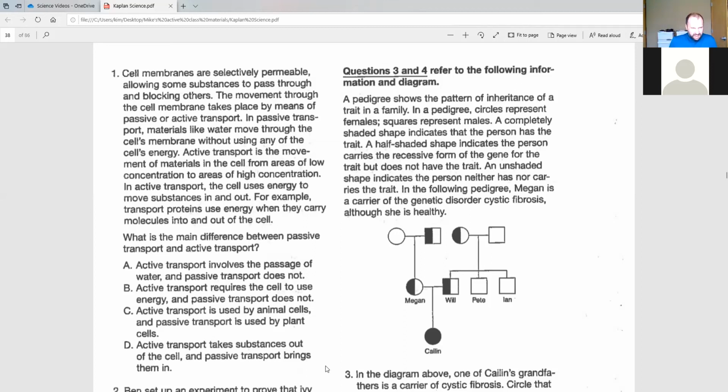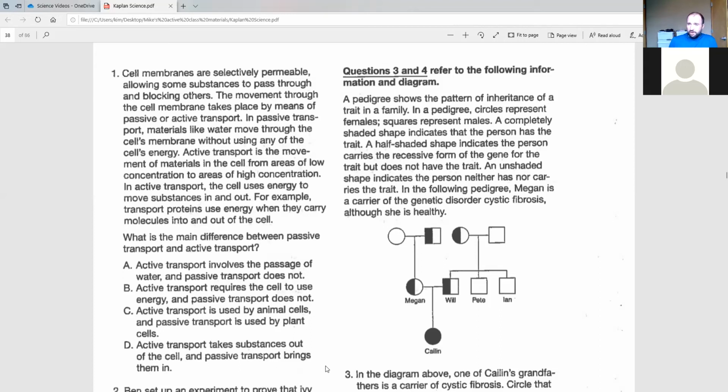So, A, active transport involves the passage of water, and passive transport does not. B, active transport requires the cell to use energy, and passive transport does not. C, active transport is used by animal cells, and passive transport is used by plant cells. Or D, active transport takes substances out of the cell, and passive transport brings them in.